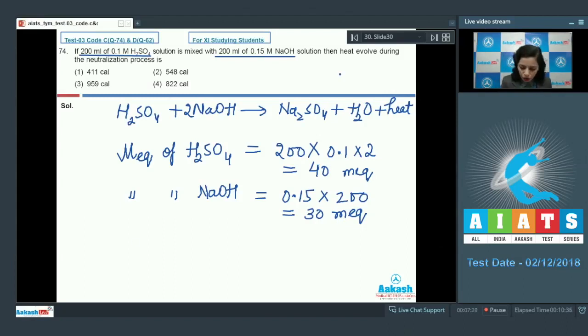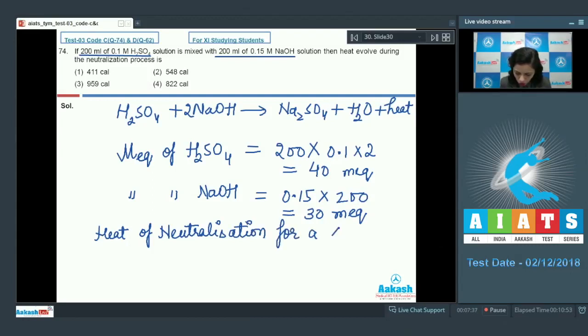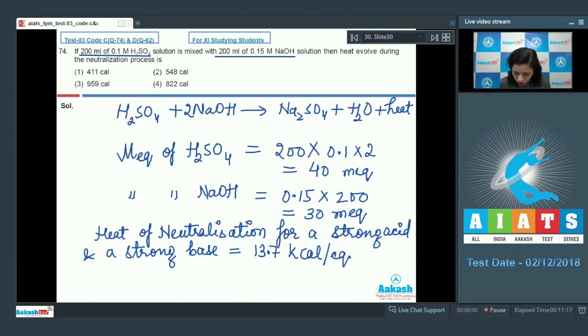Now, let's find out the heat of neutralization. We know that heat of neutralization for a strong acid, that is H2SO4, and a strong base, that is NaOH, is equal to 13.7 kilocalorie per equivalent.